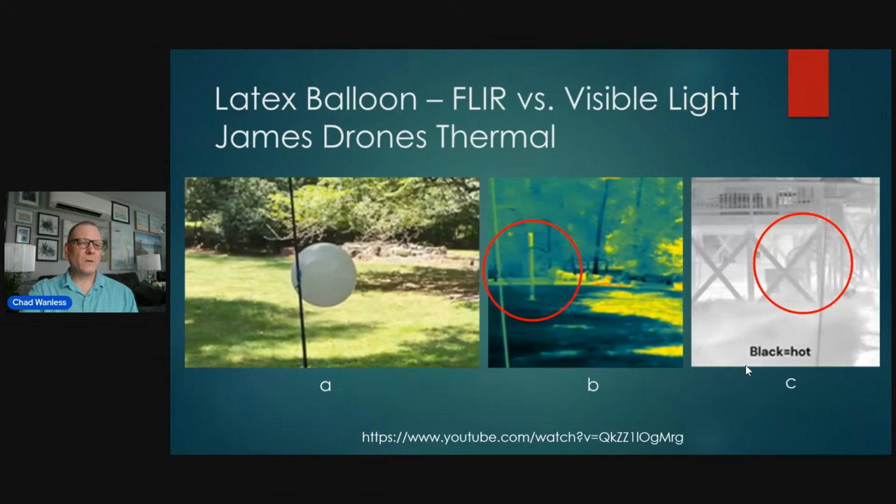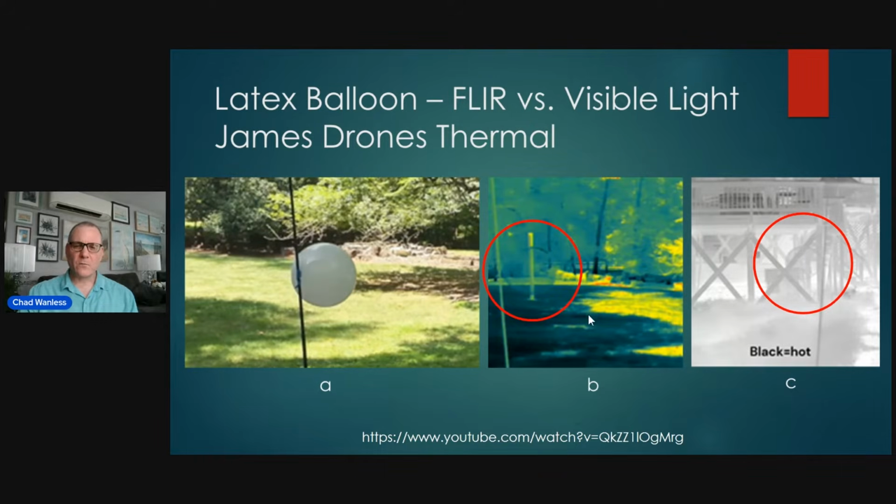Well, what do balloons look like to an IR camera? A fellow named James from James Drones Thermal had presented his findings. He took an IR camera, put a latex balloon out, and you can barely see it, and that's with the camera 5 feet in front of the balloon.